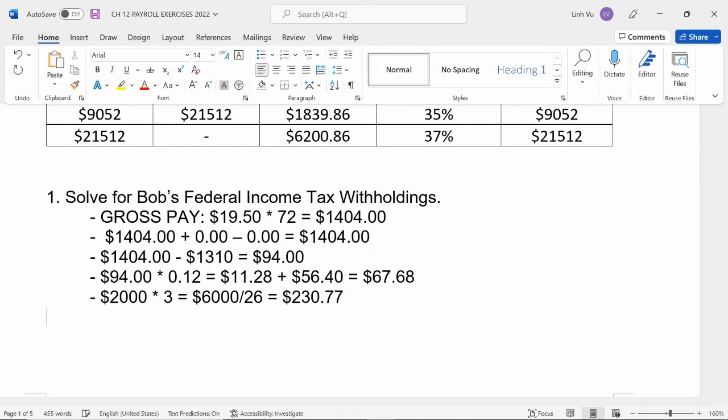Now, here's the rule in the form: for the value that he's being subjected to, which is the $67.68, you subtract the claim of $230.77, and if the value falls below 0, you're going to claim it as 0. So in this case, this definitely gives me a negative amount. It becomes negative $163.